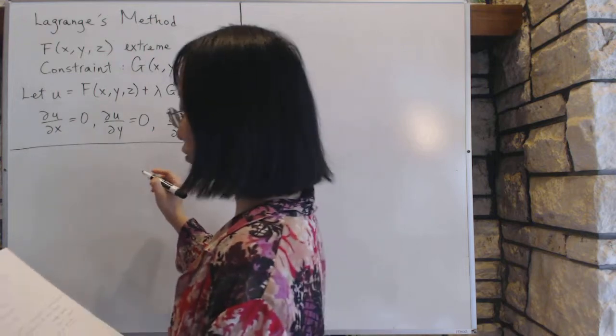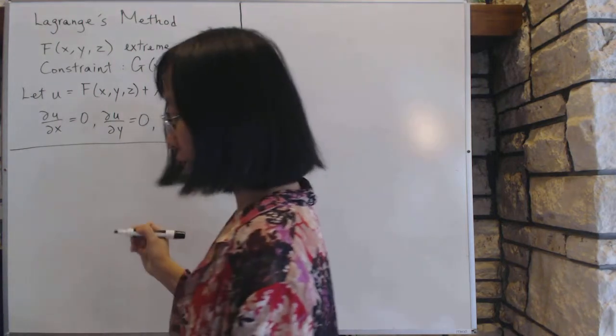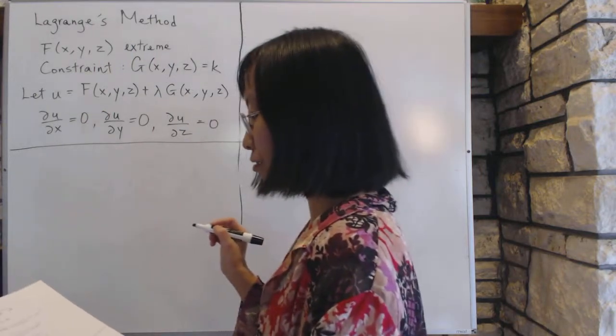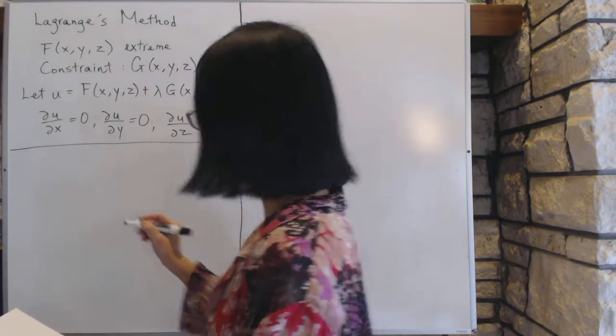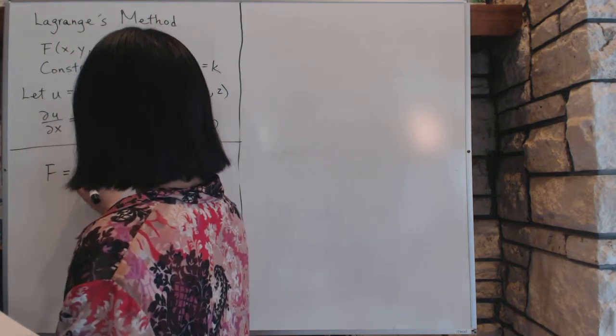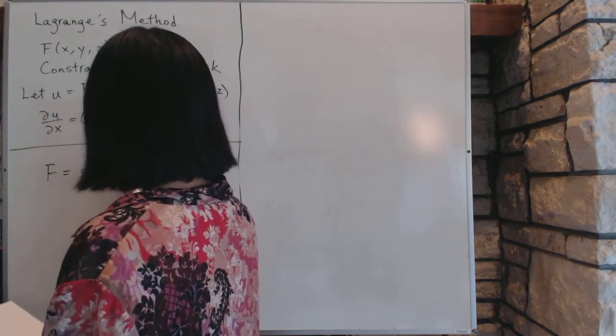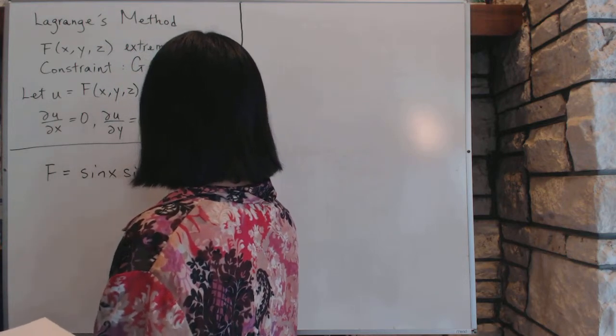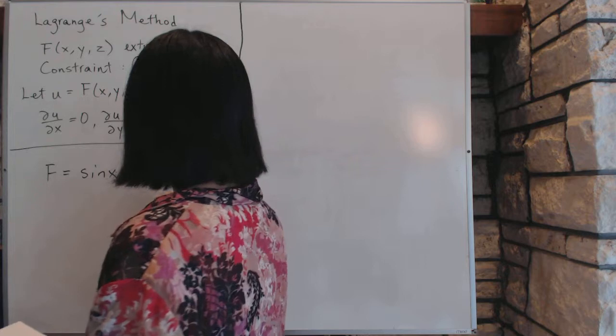So let's say we have a triangle. Okay, the question is, given any triangle, we want to maximize this particular function. So what we're trying to maximize is this thing, sine x, sine y, sine z, where x, y, z are the angles inside a triangle.